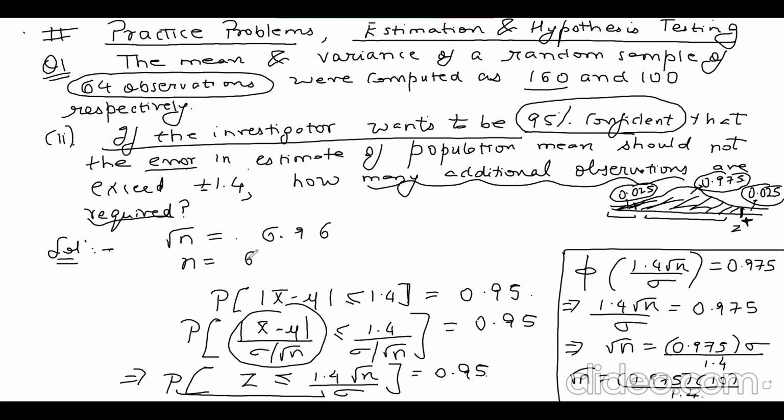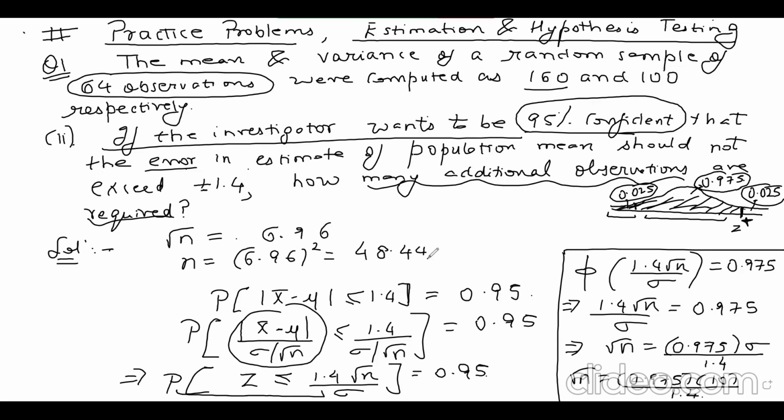So my n will be 6.96 squared, which comes out as 48.4. So this is what I get once I solve for n.